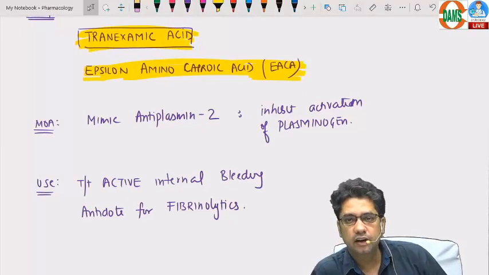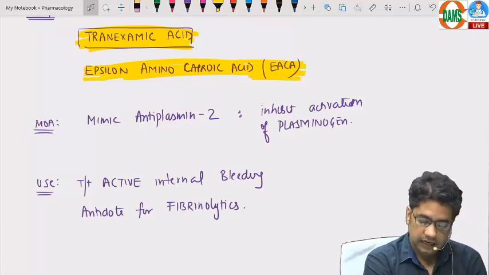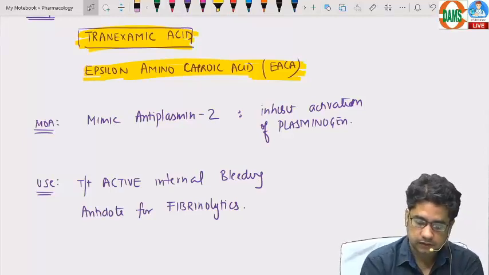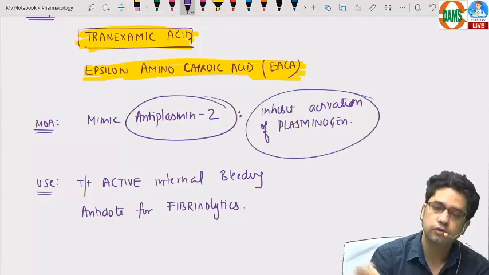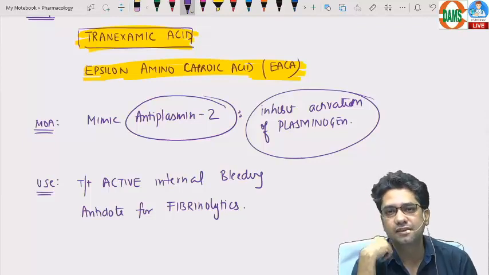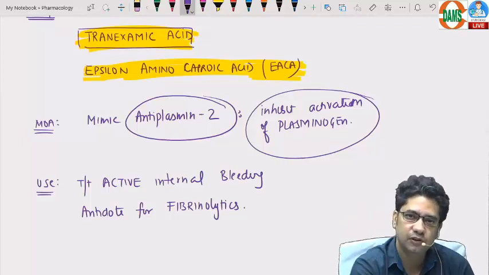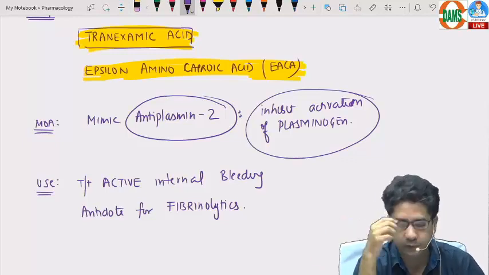Because fibrinolytics, they produce active internal bleeding. Any doubt in this? Why we have named it as antiplasmin? Because it is inhibiting plasminogen. हमारे ब्लड में एक और मॉलिक्यूल होता है एंटीप्लाज्मिन. Antiplasmin binds to plasminogen and directly inhibit the attachment of plasminogen on fibrin also.